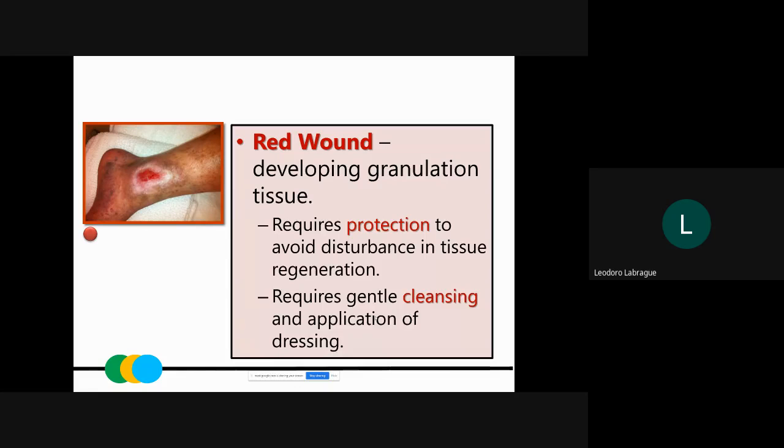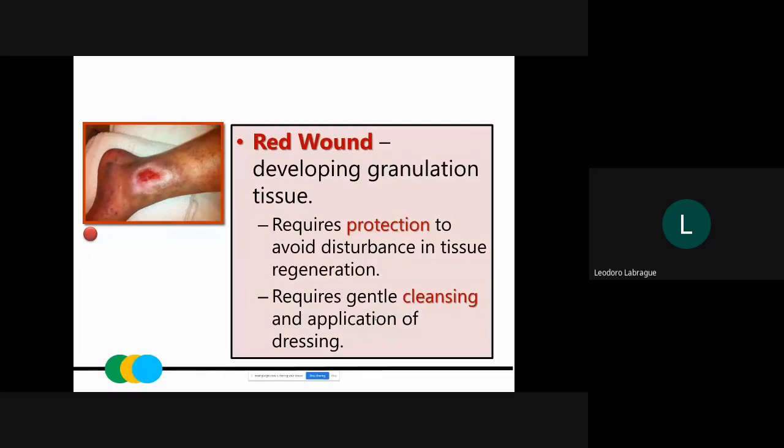The wound is color red. And a red wound indicates that it is granulating, which means it is starting to heal because granulation tissue is starting to develop. If there is granulation tissue and the wound appears red, what would be your nursing management?